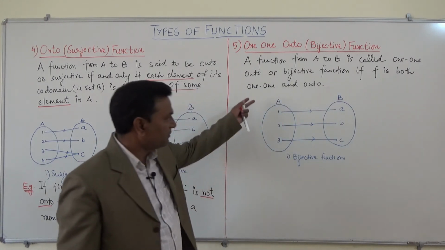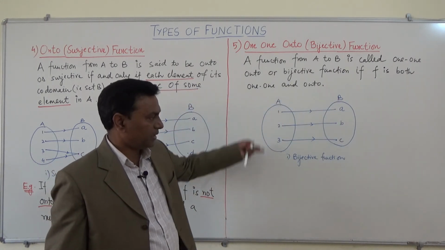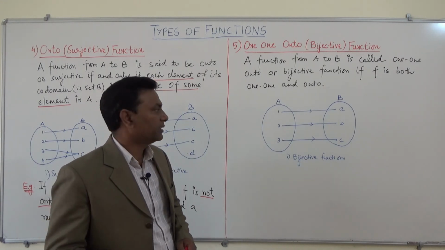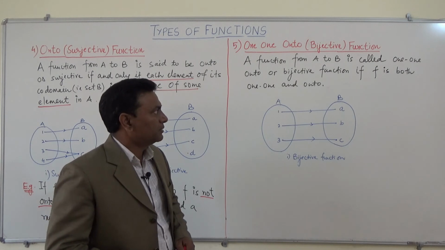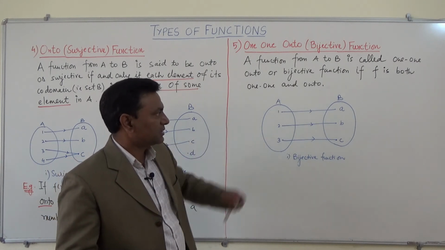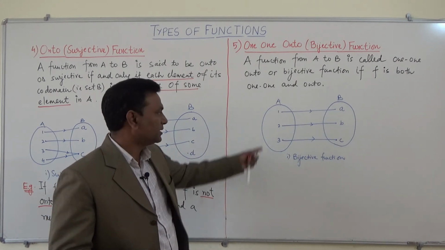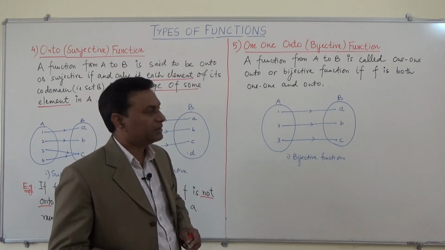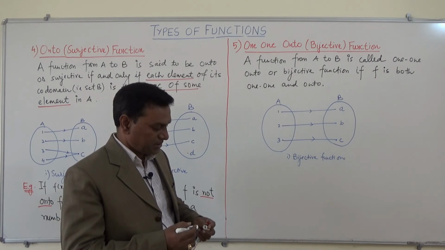Diagrammatically, we again consider the two sets that we normally take in all the types of functions. Let this be set A, containing 3 elements 1, 2 and 3, and set B, again containing 3 elements a, b and c.